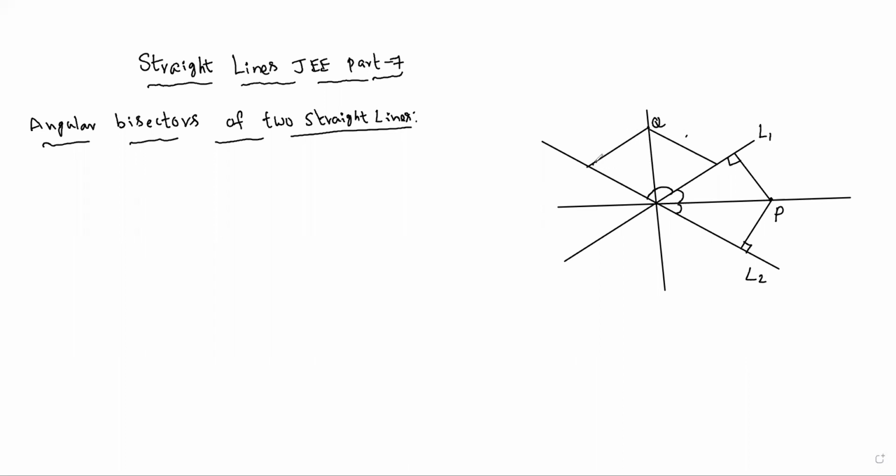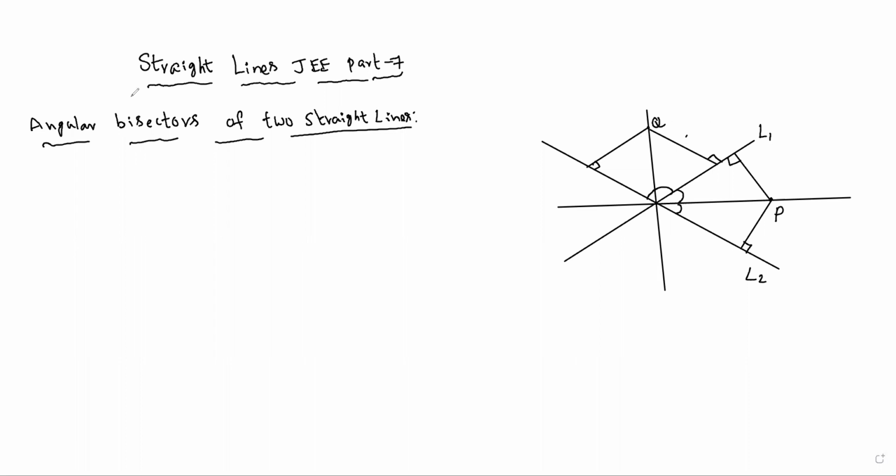Here also the angle is clearly 90 degrees. Here also the angle is 90 degrees. That means if two lines are intersecting, then how many angular bisectors are possible? Two. One is the acute angle bisector, another one is the obtuse angle bisector.